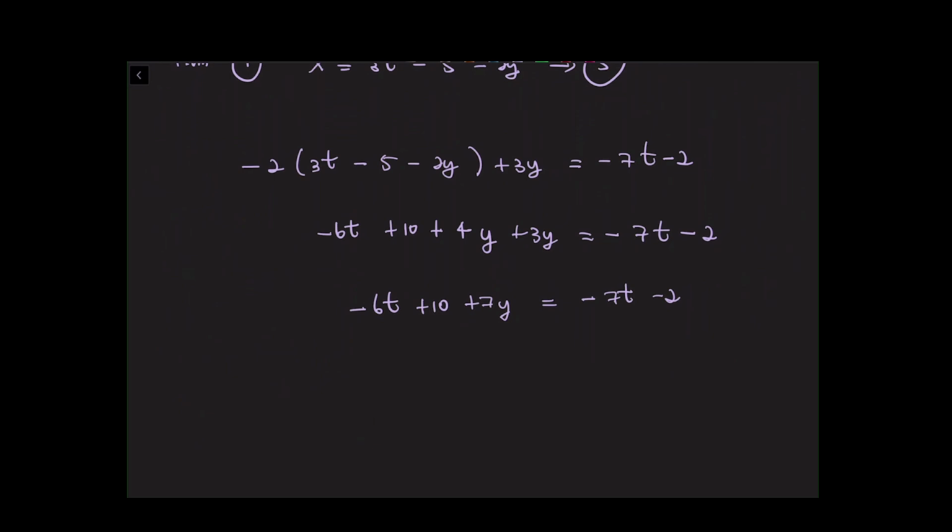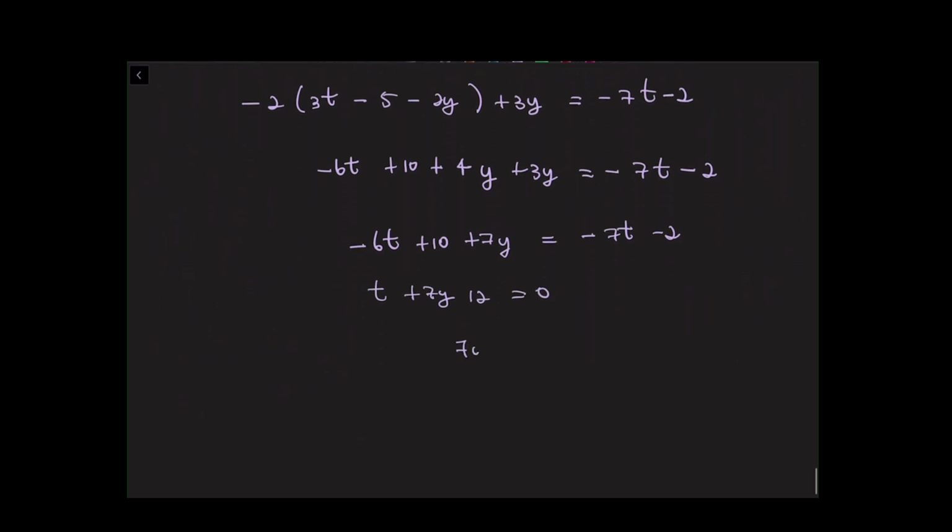I'm going to take the negative 6t and the negative 7t. That'll just give me t plus 7y. 10 and 2 is 12, equal to 0.